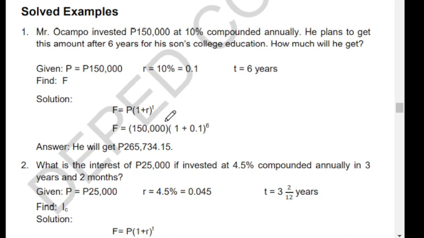So to find the F, we simply multiply the principal of 150,000 by 1.1 exponent 6. So the answer is 265,734.15.